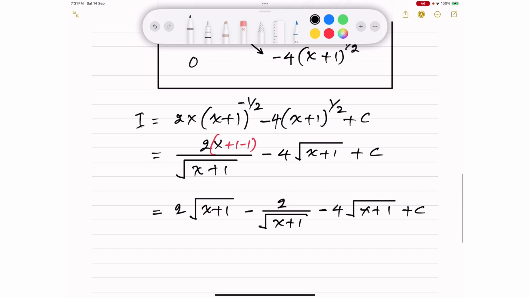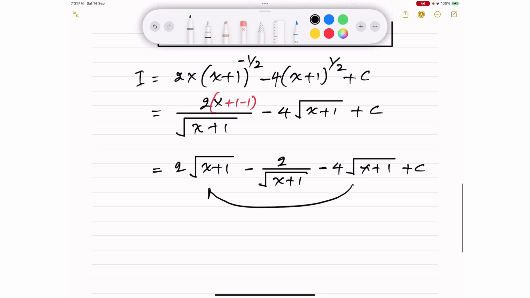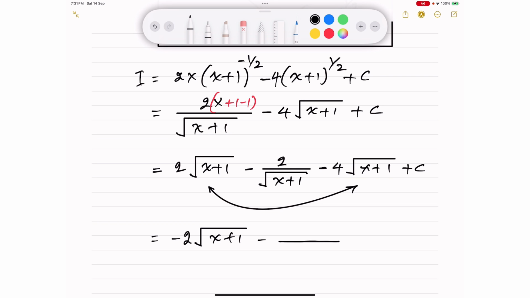If you notice, we can merge these two terms together. So that's going to give us negative 2 times the square root of x plus 1, minus 2 divided by the square root of x plus 1, plus c.